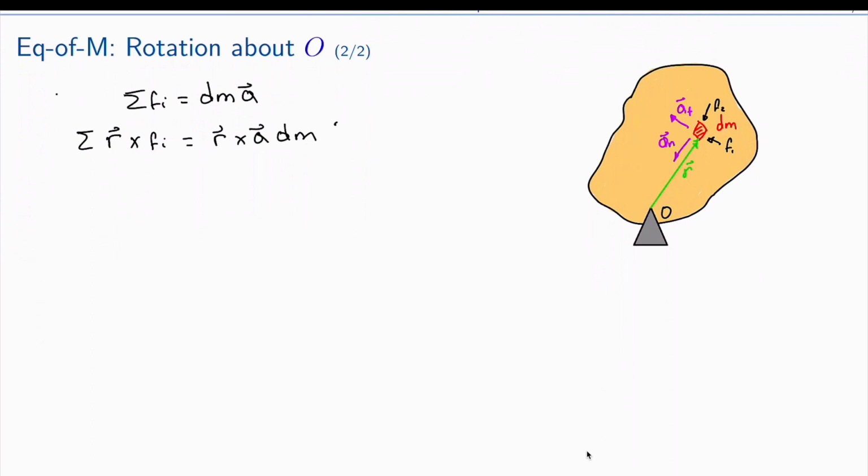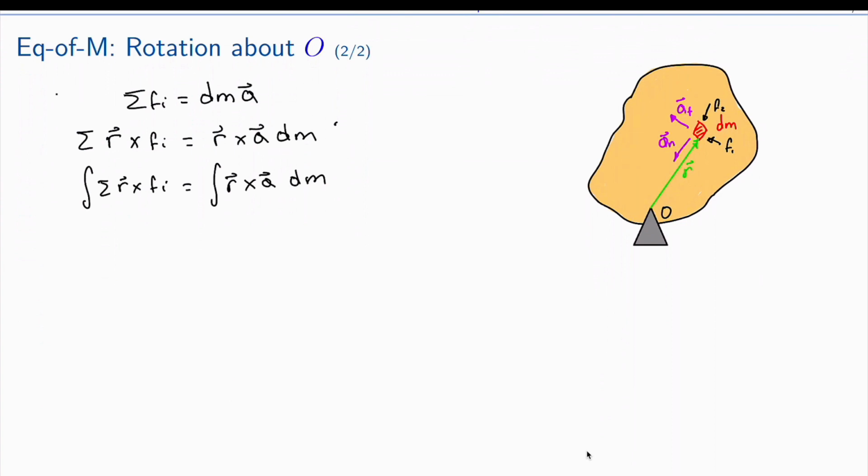So we integrate: this is the integral of the sum of the position multiplied by the forces, and that should be equal to the integral of r cross the acceleration, position cross the acceleration, differential of mass.